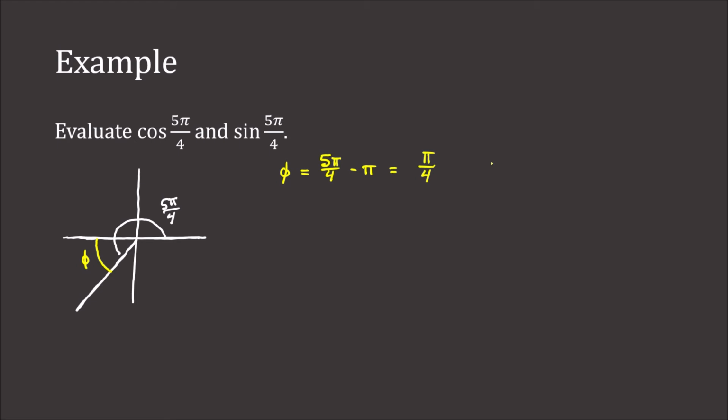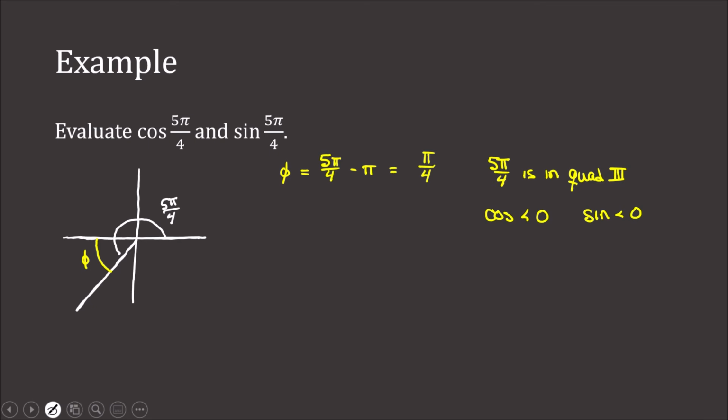Now, we also note that 5 pi over 4 is in quadrant 3, right? So cosine would have to be less than 0, and sine is also less than 0.